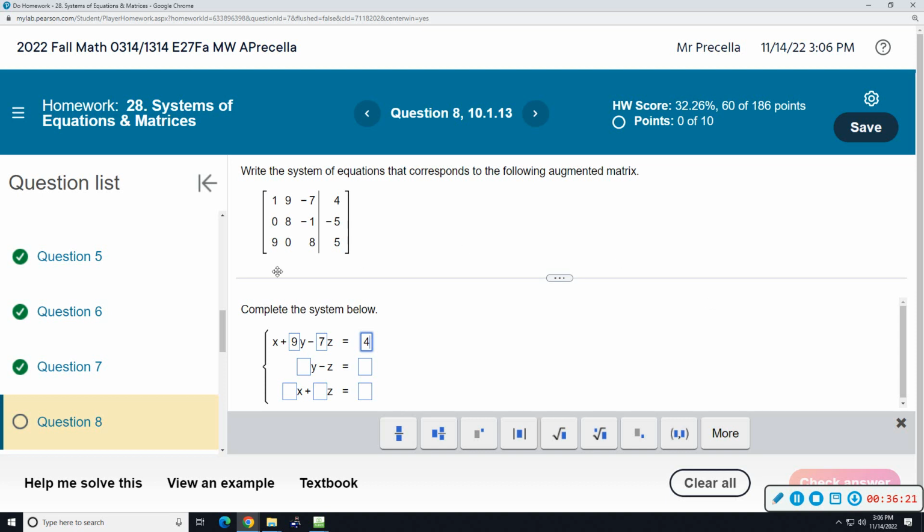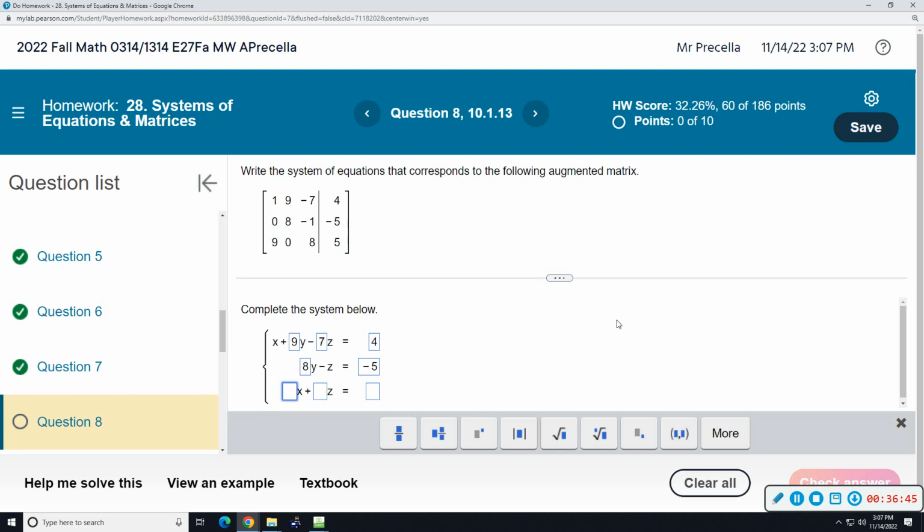Now the second equation, there's that 0, so notice there's no x there. You write 8y. They've already done the minus z. You see, for the minus 1z equals, what am I putting here? -5.